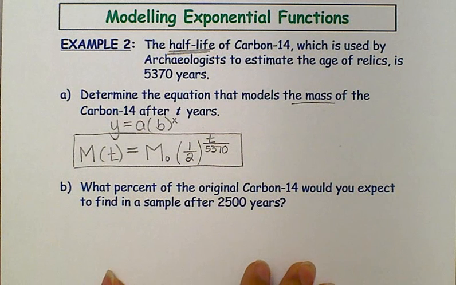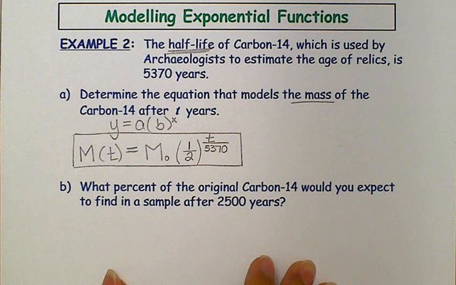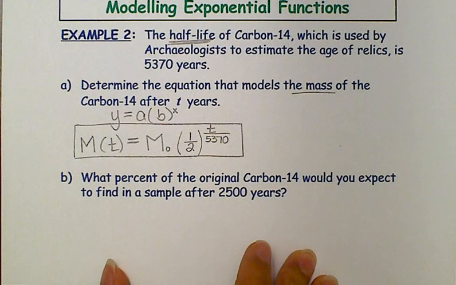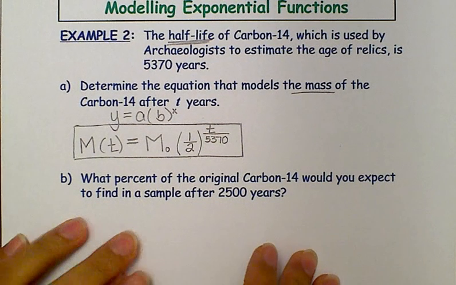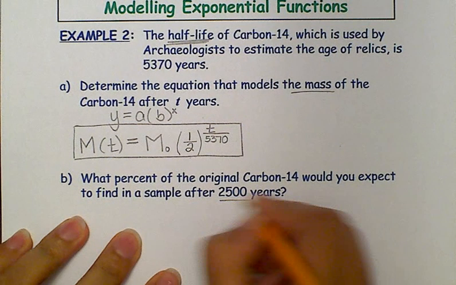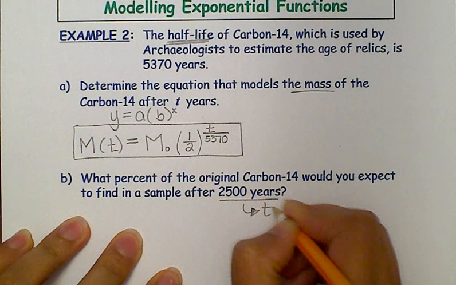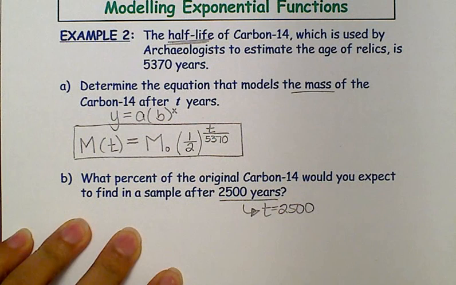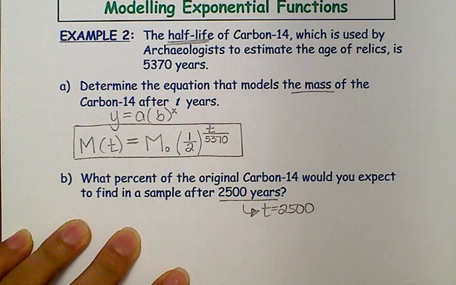All right, part B says, what percent of the original carbon-14 would you expect to find in a sample after 2,500 years? We're told a time of 2,500 years, so t is equal to 2,500. Before I even try to solve the problem, one thing you can think about is whether you're expecting the population to be half, or lower, or higher.